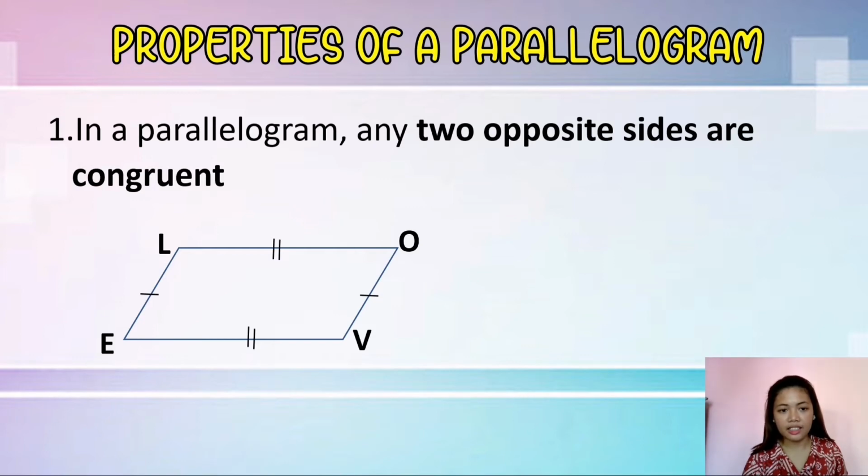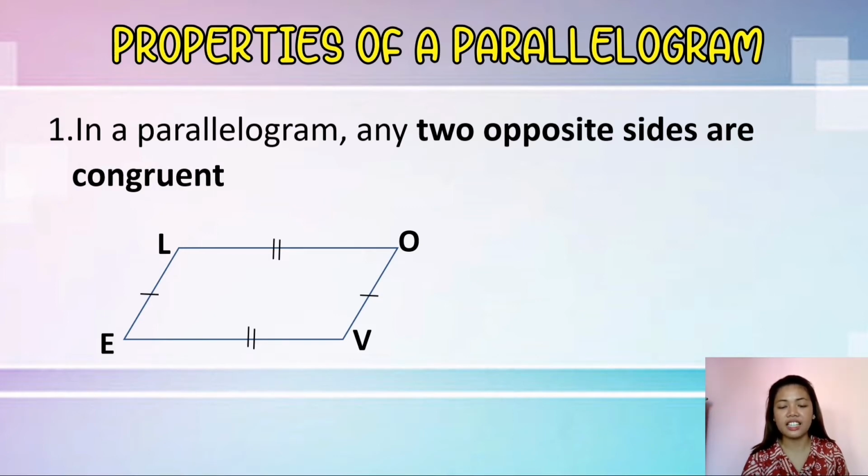It is stated that if this is a parallelogram, we have parallelogram LOVE, LO is congruent to EV. We use the word congruent if no exact numerical measurement is present.